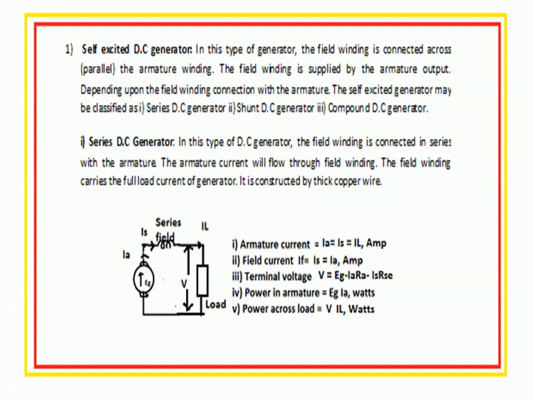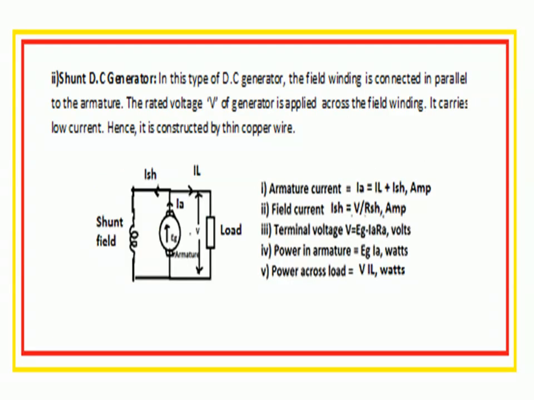Similarly, you have to remember only that the field winding is connected in series with the armature. Now you can see number 2, the DC shunt generator. Shunt means parallel.